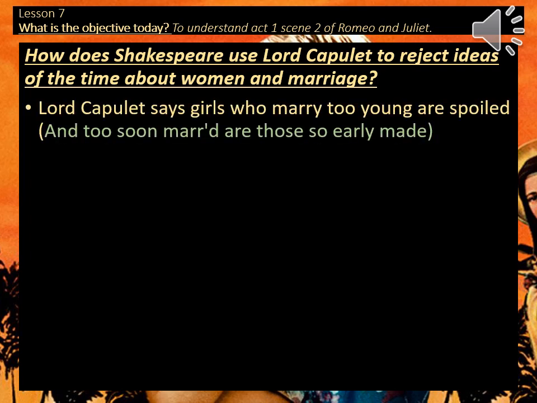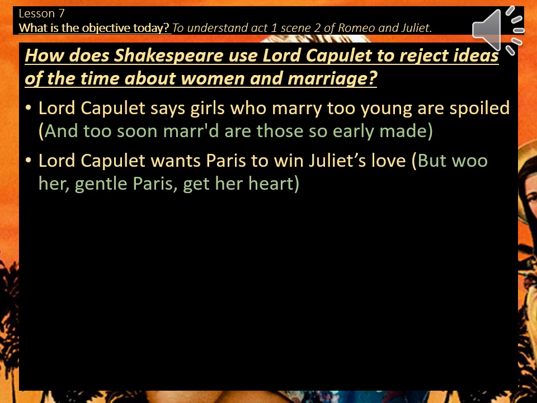So Lord Capulet says girls who marry too young are spoiled, where he says, "And too soon marred are those so early made." Lord Capulet wants Paris to win Juliet's love, okay, and love wasn't necessarily important in a marriage at those times. He says to Paris, "But woo her, gentle Paris, get her heart."